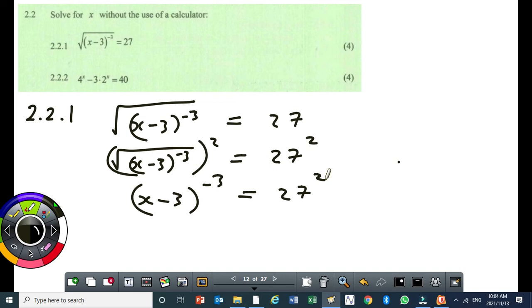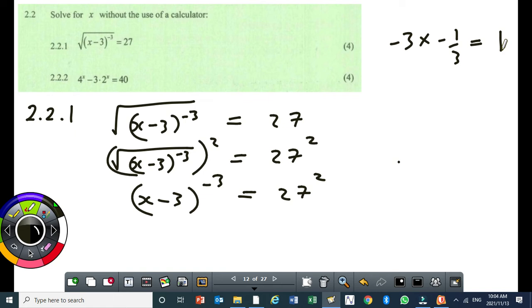But I was just thinking, let me convert this minus 3 to an exponent which is equal to 1. So I have to multiply this negative 3 by its reciprocal. And that reciprocal is negative a third. Remember, minus 3 times minus a third. This will give you what? 1. So I'm going to do that.